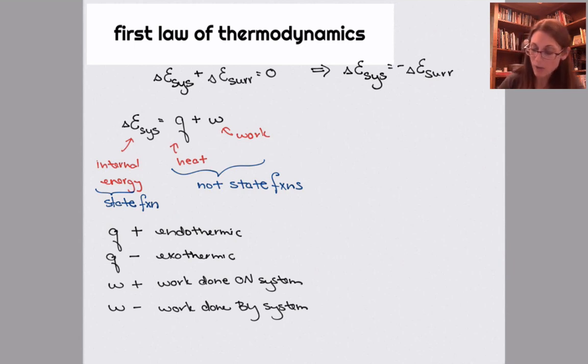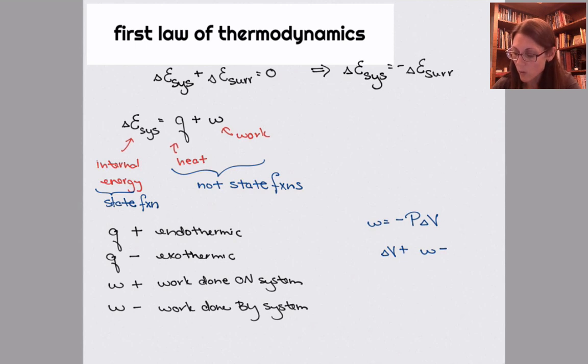And if we're talking about pressure volume work, then the definition of work is minus the pressure times the change in volume. And so we're at constant pressure in this situation. If you look at this, if the change in volume is positive, that means the work is going to be negative.